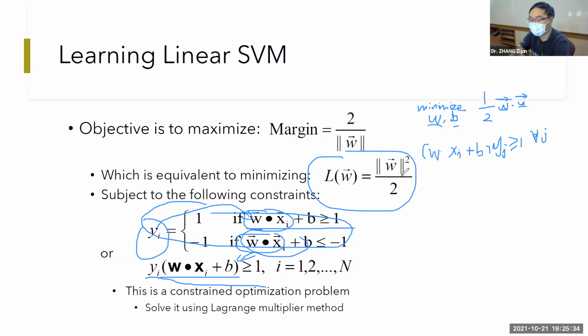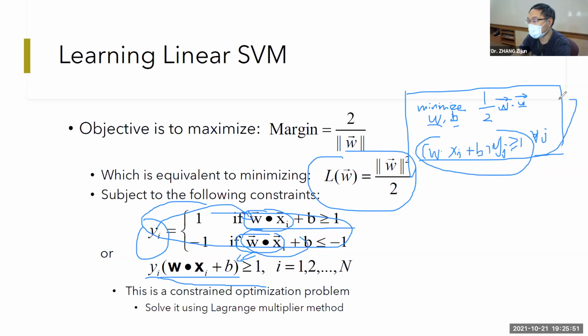Then this constrained optimization problem can be solved with a Lagrangian multiplier. How does this Lagrangian work? This is the basic problem formulation. Then we can move the constraint back into the objective function by applying a Lagrangian multiplier, which is alpha.